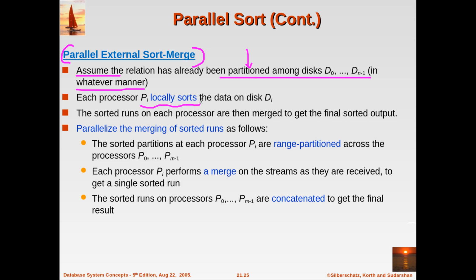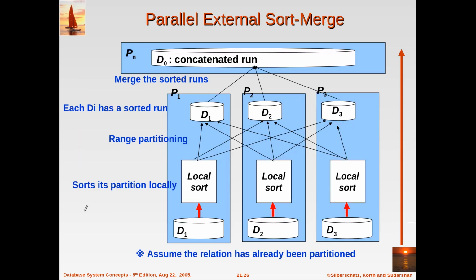So the same thing we will show in the example diagram. Now in this case we have P1, P2, P3, three different processes which consist of D1, D2 and D3, and these are already partitioned.